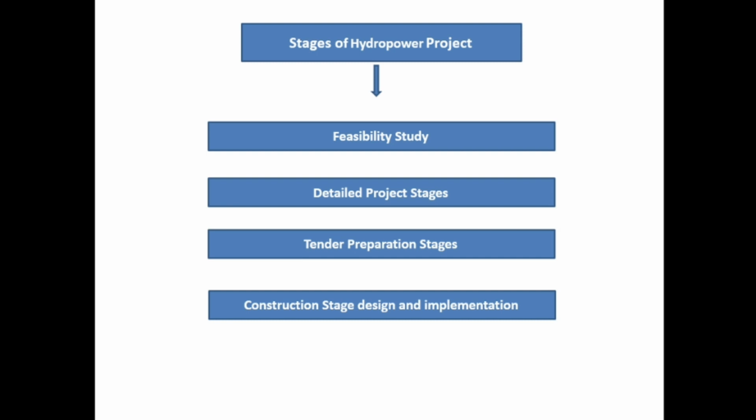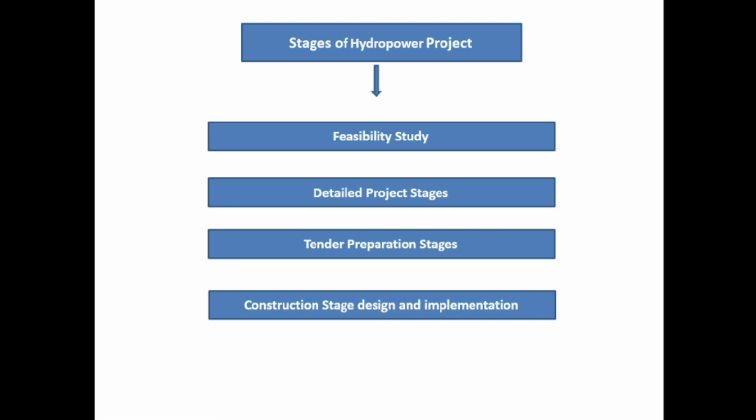Then the tender preparation stage. In this stage, detailed drawing for the tender, technical specification of the project, bill of quantity of the project and commercial conditions and proposals. Next, construction stage, design and implementation.